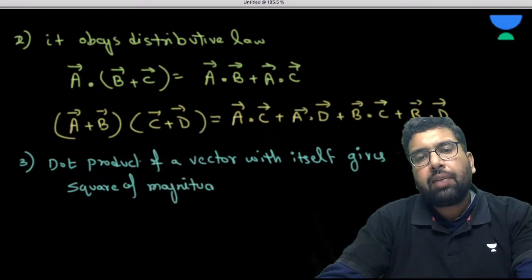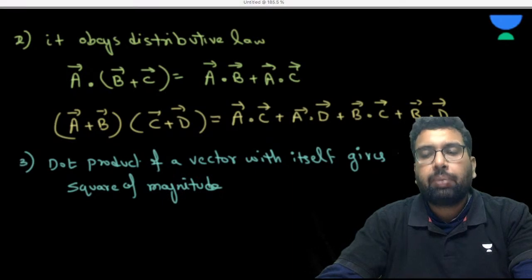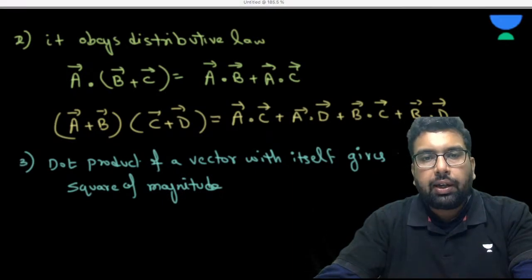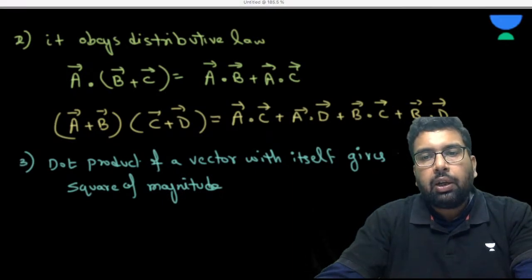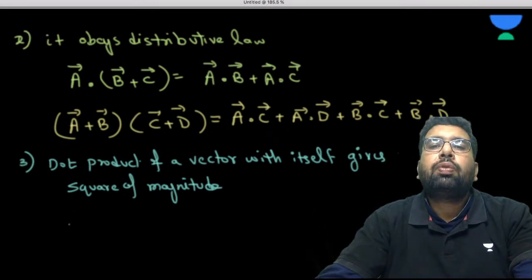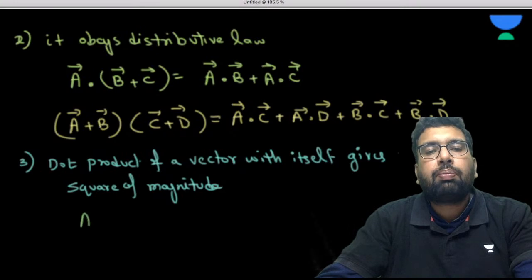This is a very, very important property, and it is going to be of high use later as we are going to see. Please understand the meaning of it. The dot product of a vector with itself gives the square of the magnitude.